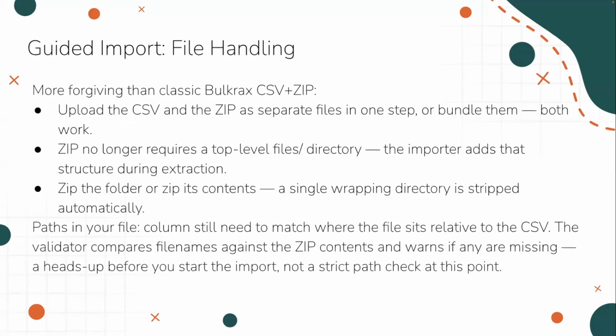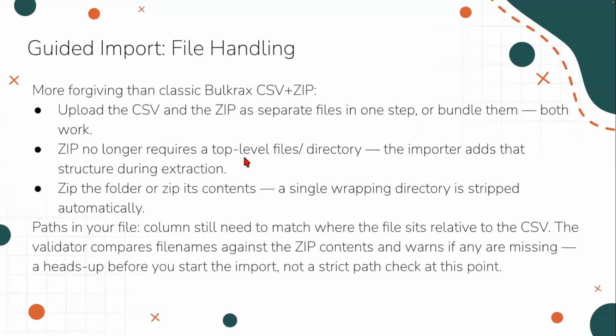Some of the other handling changes that came along: we expanded the formatting that is required for the CSV and zip combined, so you can upload the CSV and zip separately. The zip does not require the top level files directory that it used to.